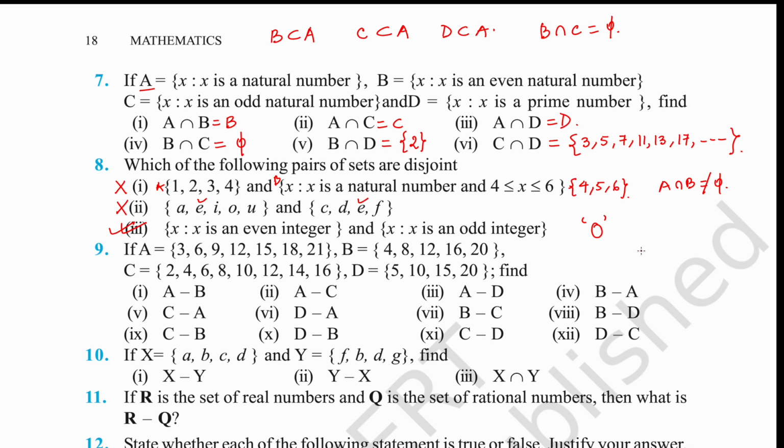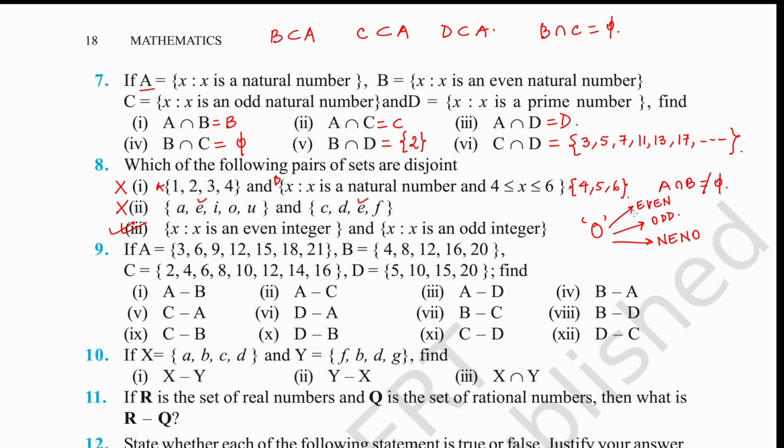So I have three options for you. 0 is even, right? This is the first option. 0 is odd. This is the second option. And 0 is neither even nor odd. Now, which one of the options will you choose as your answer?